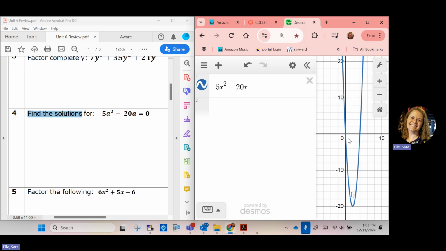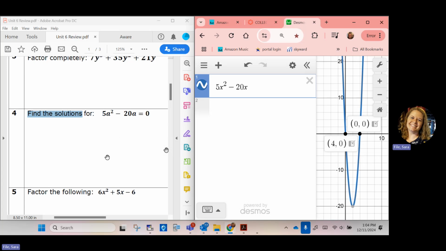Your x-intercepts are where the graph crosses the x-axis. Here at 0, and this one is at 4. So at 0 and 4, the graph crosses the x-axis. So 0 and 4 are your solutions. Those are your answers here.